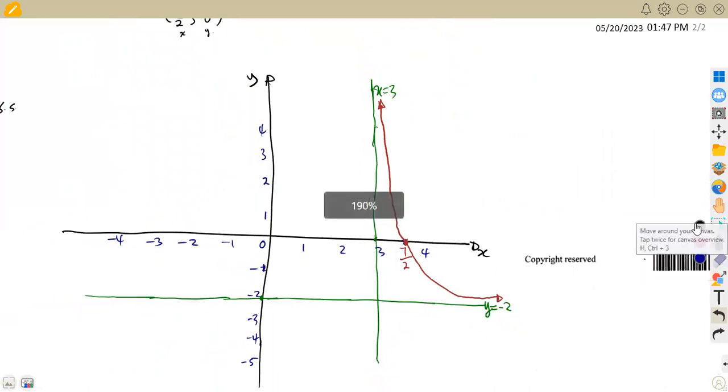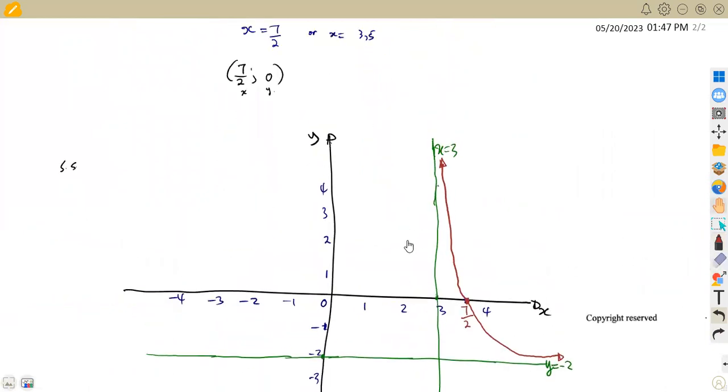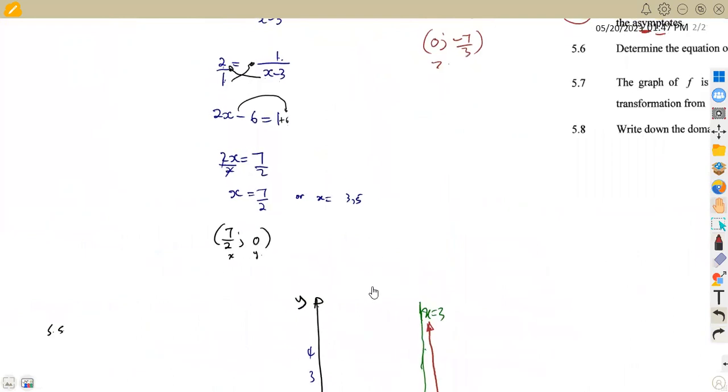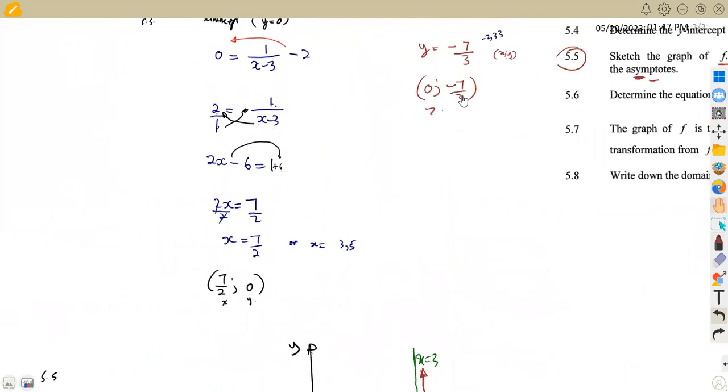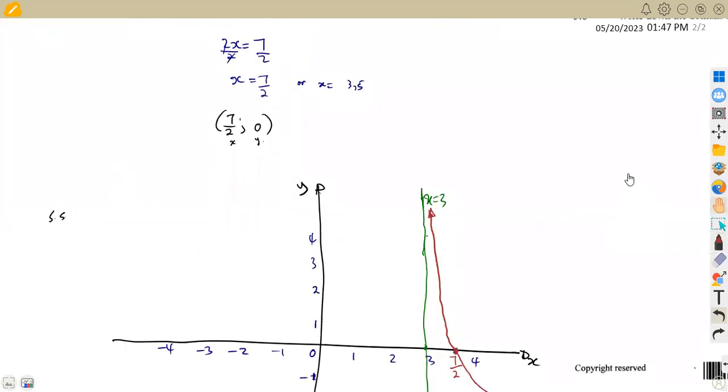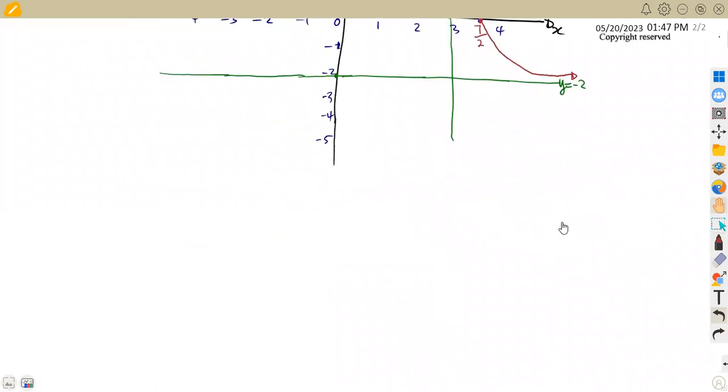All right, then we move on to the y-intercept, which is at -7/3. Like I said, this is something like -2,33. So the y-intercept is in the negative region, somewhere here, -2 something.